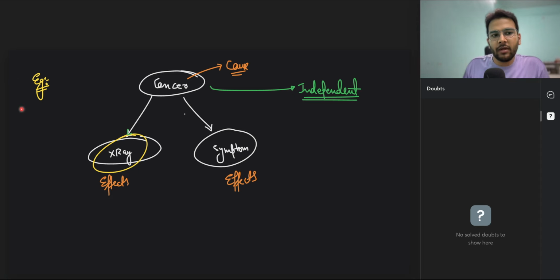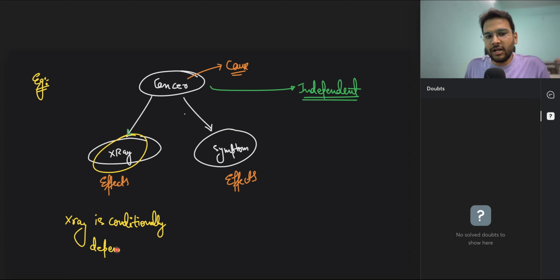Carefully see this. When I say this X-ray, is there any incoming edge? Yes, there is an incoming edge, that is from cancer to X-ray. So here I can say that X-ray is conditionally dependent on cancer. Are you getting this point or not?